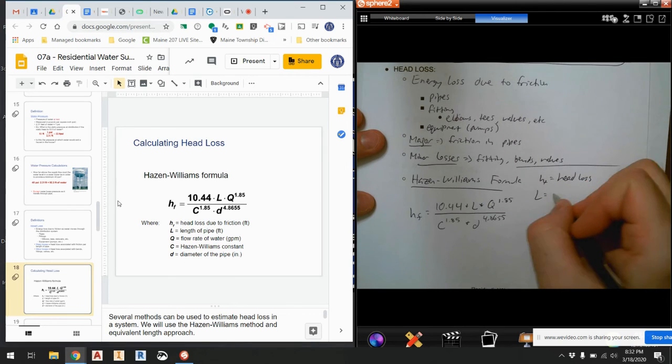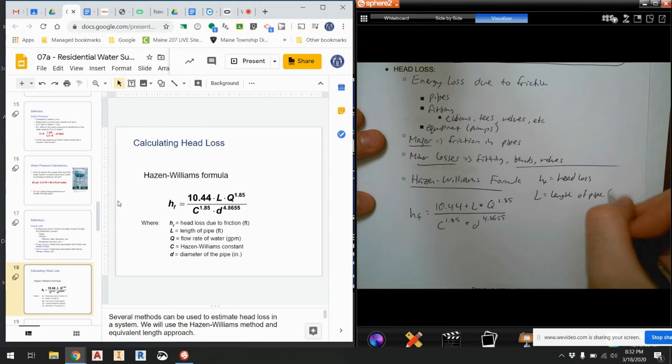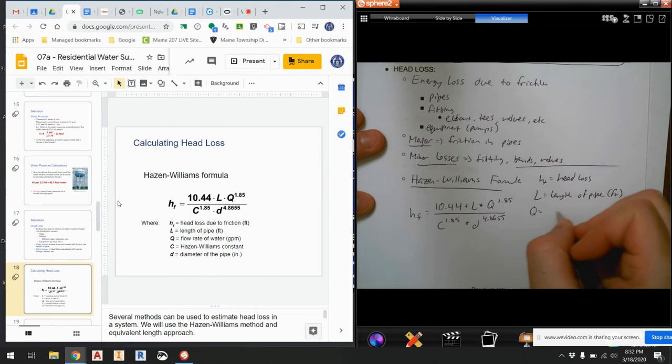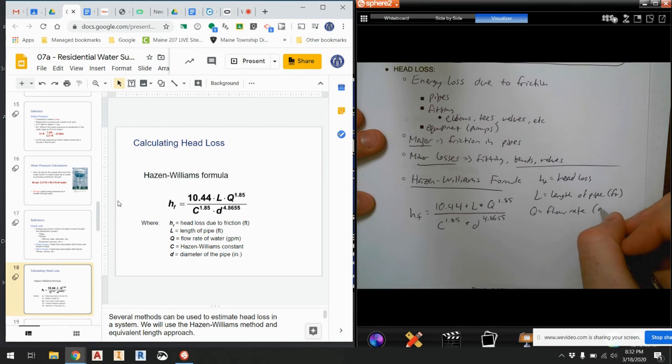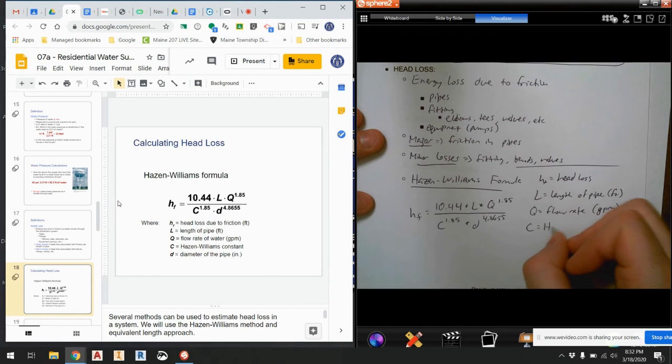Capital L, that's your length of pipe measured in feet. Q is your flow rate, so how much water in gallons per minute, GPM. C is your Hazen-Williams constant.